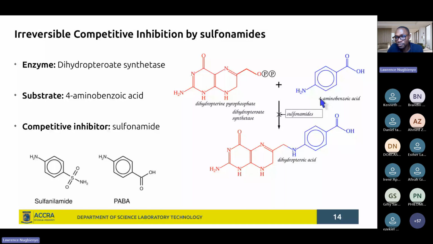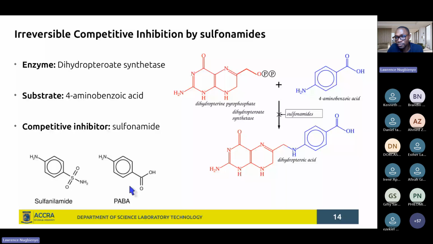So you see, intentionally, I've brought here the general structure of sulfonamides, which are also sometimes referred to as sulfanilamides. And when you look at it side by side with the para-aminobenzoic acid, you see the similarity.